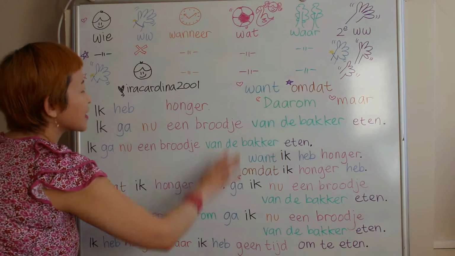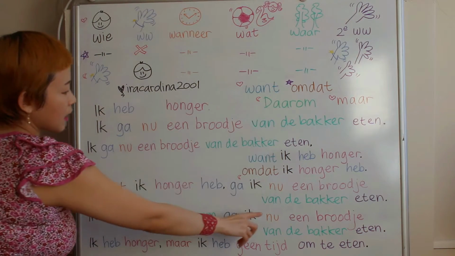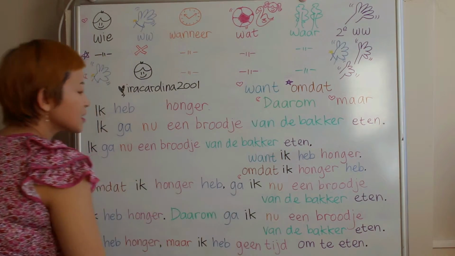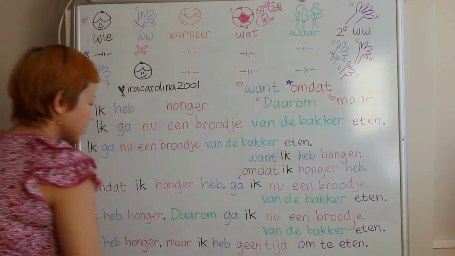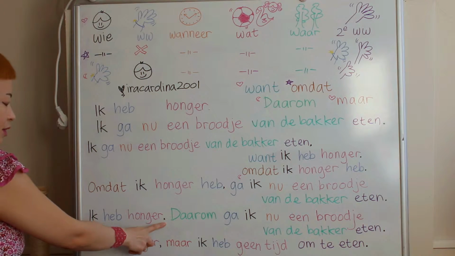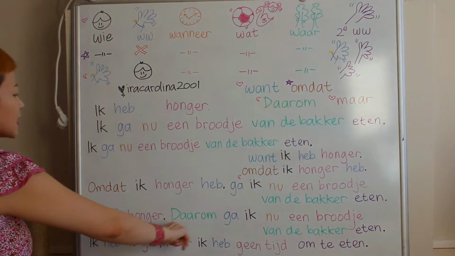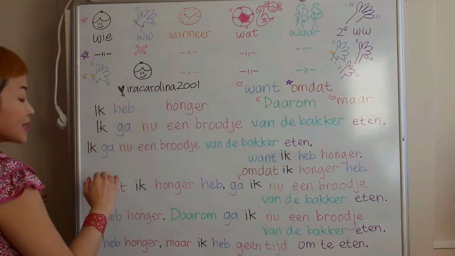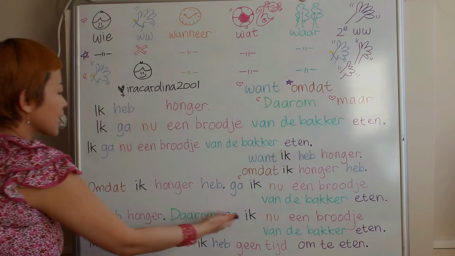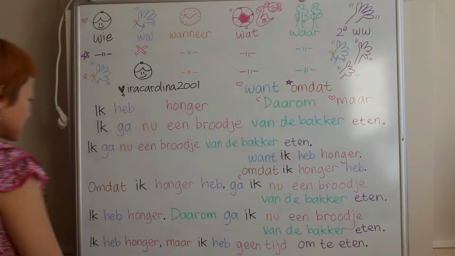Ga ik, and the rest is the same, yeah? Nu een broodje van de bakker eten. This is not a comma, this is a period. Daarom, you start with a new sentence. Daarom, that's why. Ga ik nu een broodje van de bakker eten.